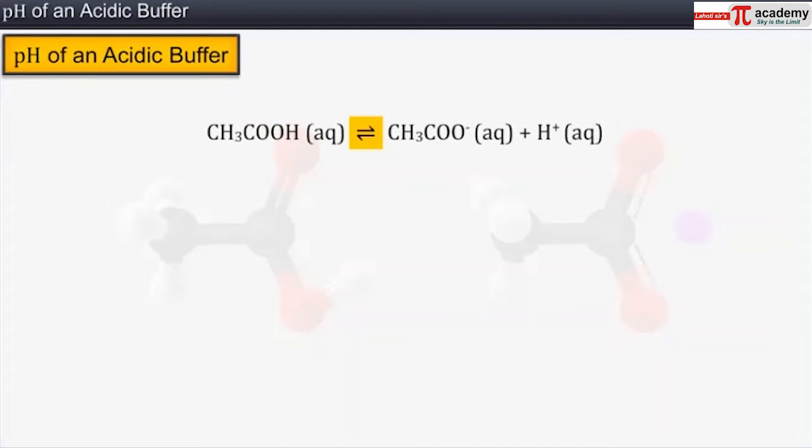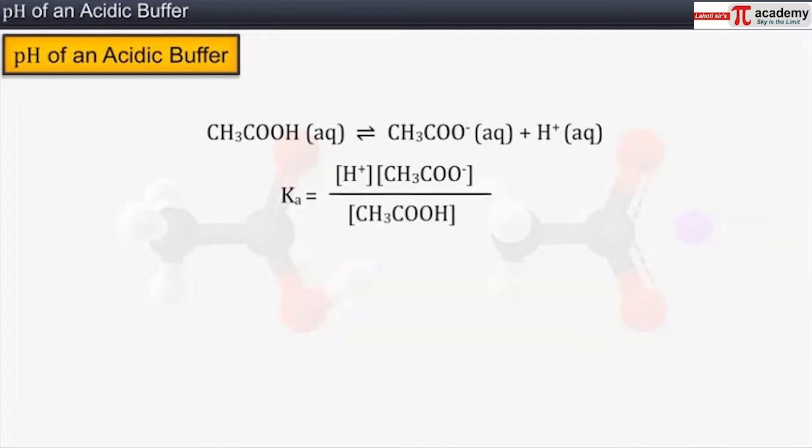Here there exists an equilibrium between acetic acid molecules, acetate ions and hydrogen ions. Now, the acid dissociation constant Ka is equal to concentration of H plus ions multiplied by concentration of acetate ions divided by concentration of acetic acid.